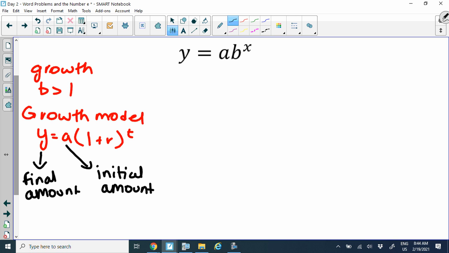R is going to be our rate, and we will need to put that as a decimal. And then t is going to represent time.